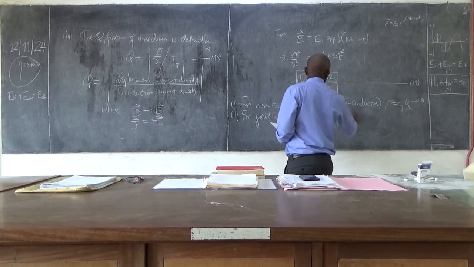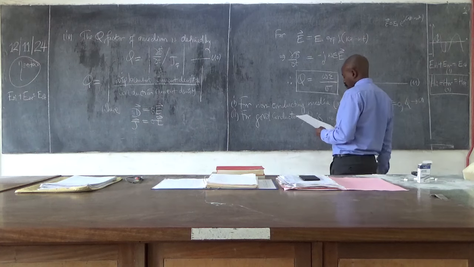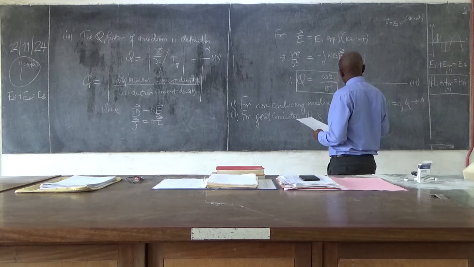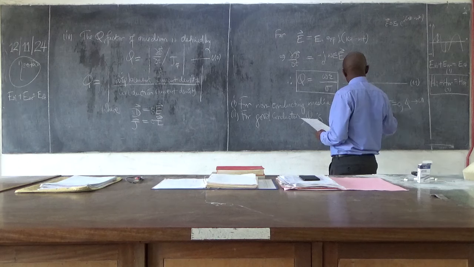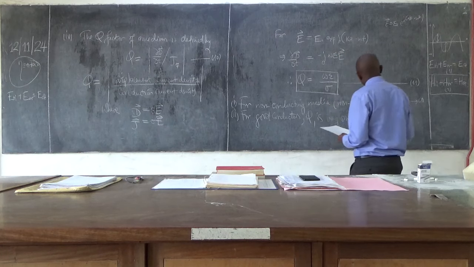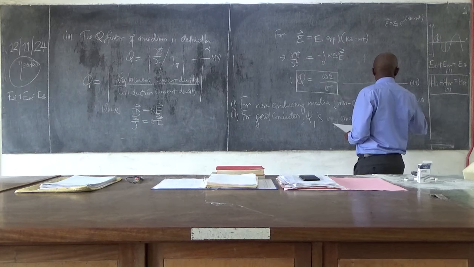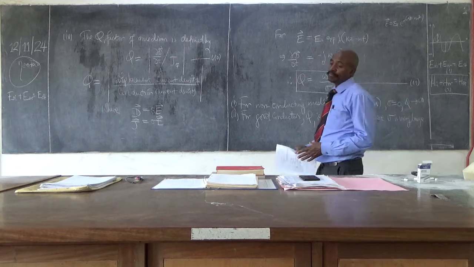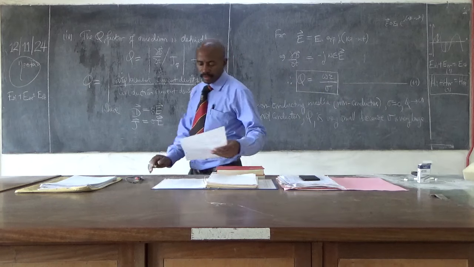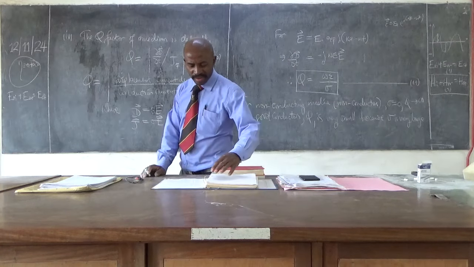Q is very small because... how does that come about?